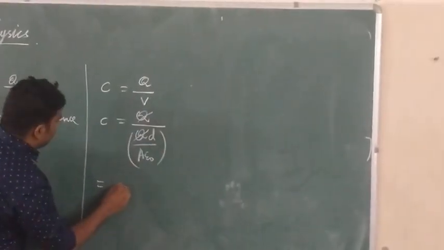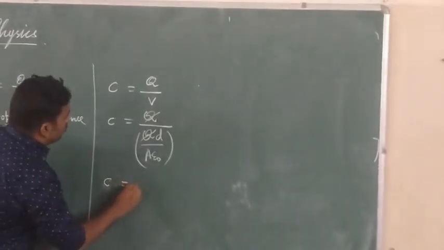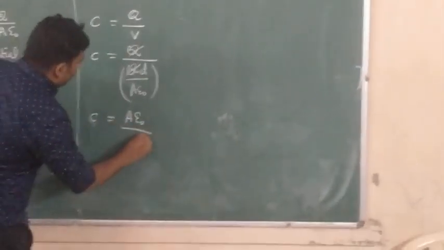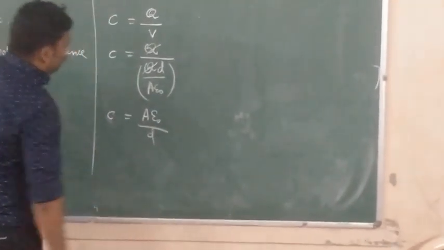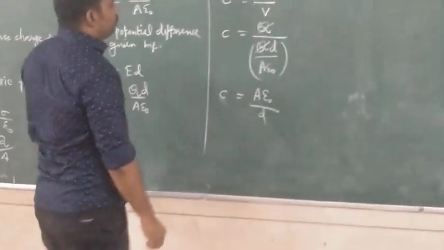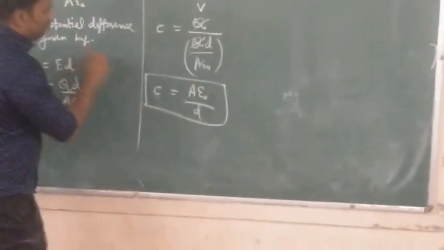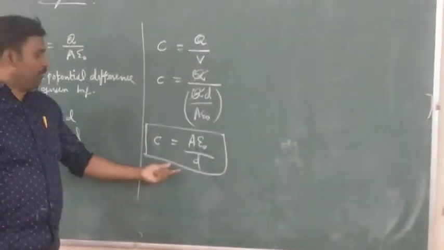We will get C is equal to A epsilon naught divided by D, isn't it? So this is the capacitance of the parallel plate capacitor.